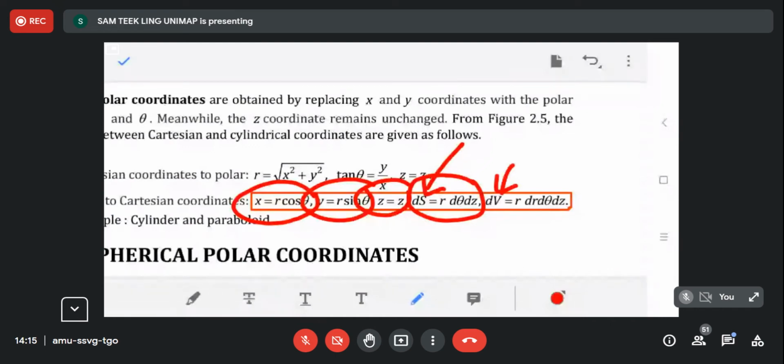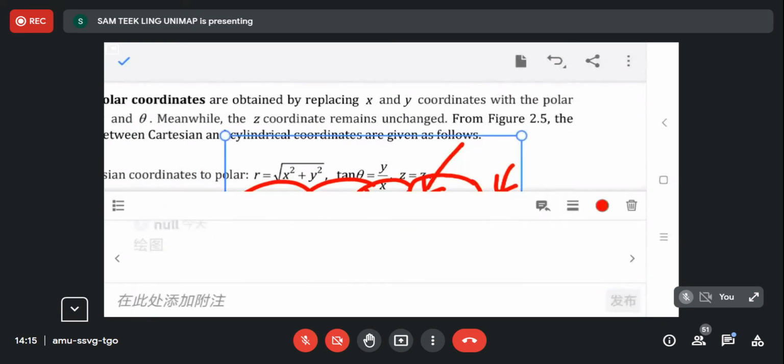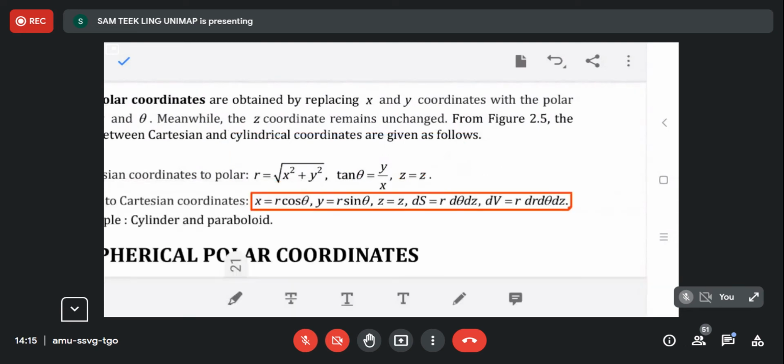So this one is a surface. If you can understand how to solve your surface and your volume, how to integrate. So for this cylinder, we can apply the formula: x equals r cos theta, y equals r sine theta, and z equals z, dS.